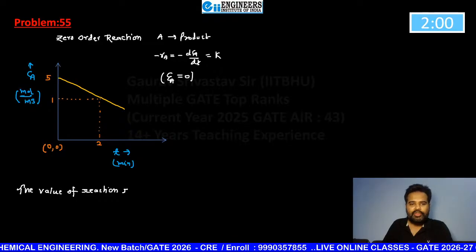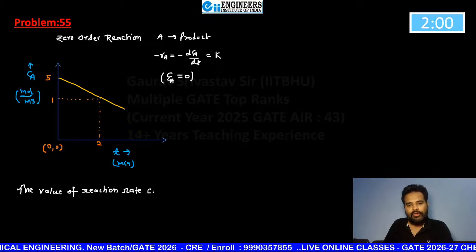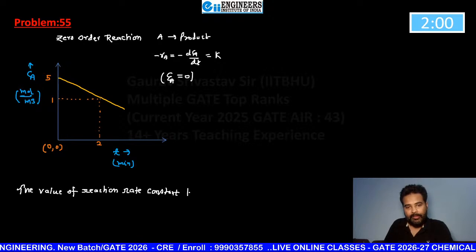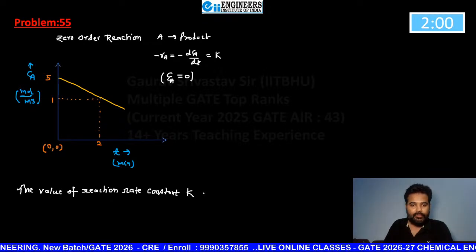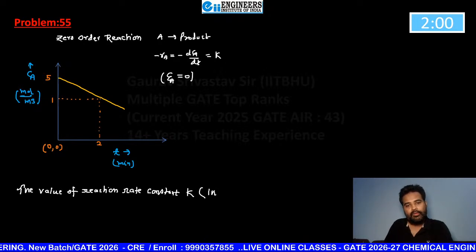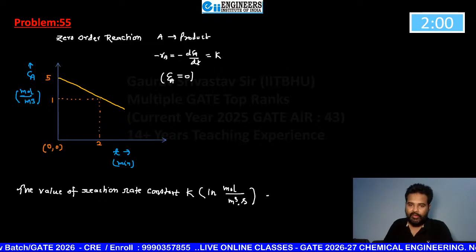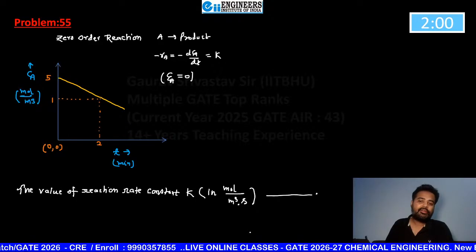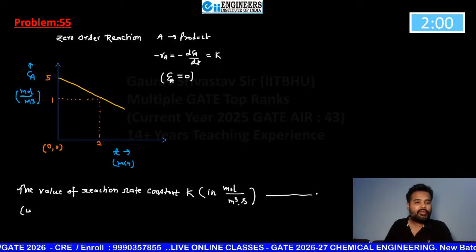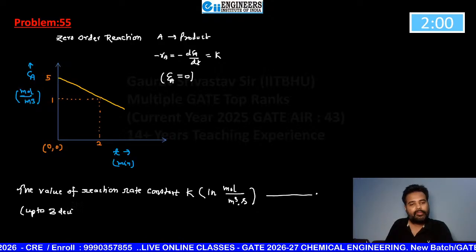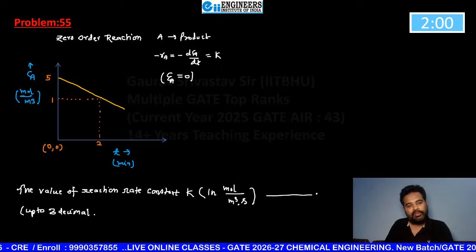So the value of reaction rate constant K is asked, in mole per meter cube per second. Please solve this, beta, up to 3 decimal places.